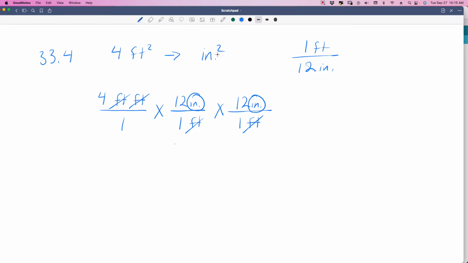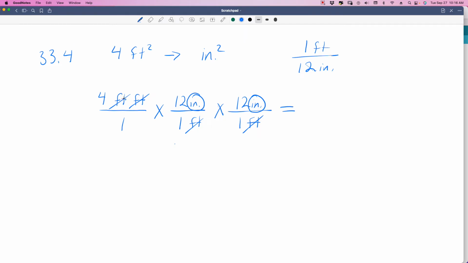So that is what allows it to be inches squared when we finish, because we should have inches written twice. And when we multiply 12 inches times 12 inches, we get inches squared. We treat it just like a variable, and we combine the exponent.